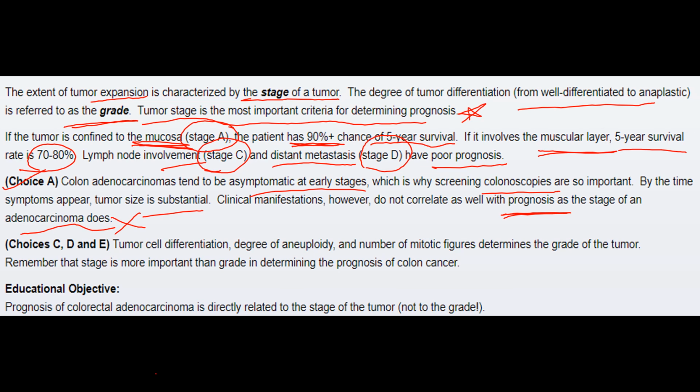In choices C, D, and E, tumor cell differentiation, degree of aneuploidy, and number of mitotic figures determine the grade of the tumor. Remember that stage is a more important factor for determining the prognosis than the grade, and therefore they are all inappropriate. In summary, prognosis of colorectal adenocarcinoma is directly related to the stage of the tumor and not the grade.